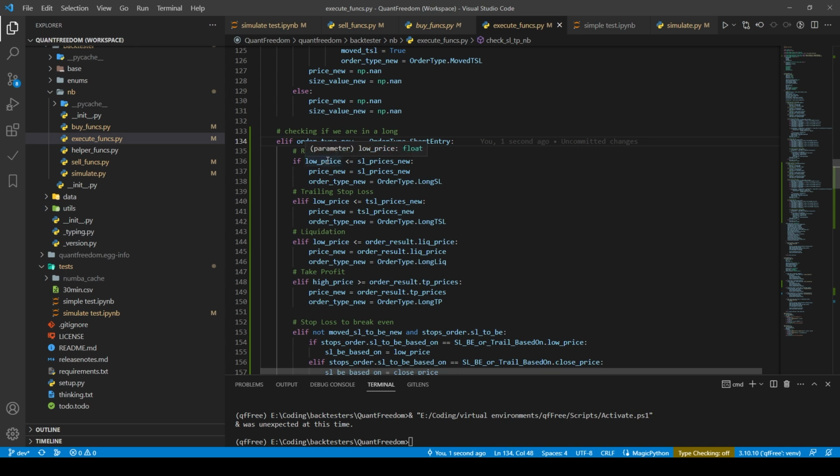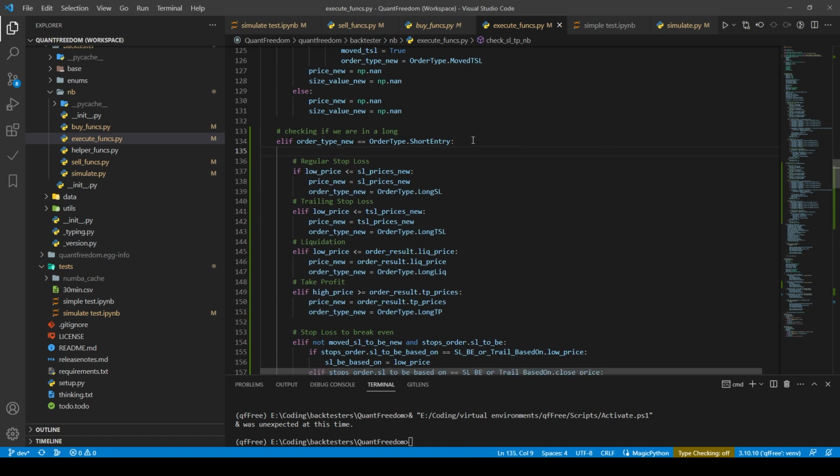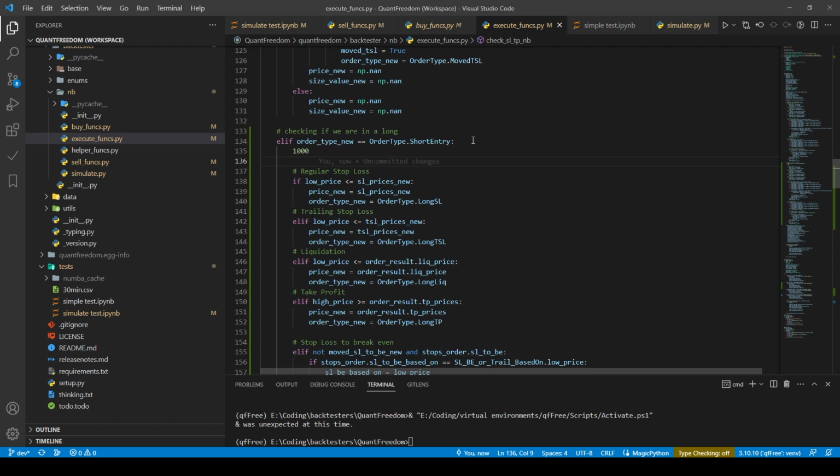If the low price, oh no, I feel like this is just high, high, high, low. So if the price is coming down, if the high price, let's say, if the high price is 1,000, then the stop loss price is 990.